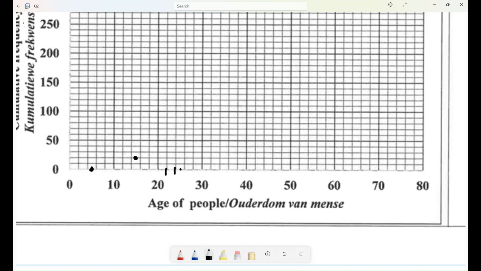Then it goes with 45. Let me see, 10, 20, 30, 40. I want you to follow closely. 25 here, and 45 will be in the middle between 40 and 50. Somewhere here in the middle is my point.